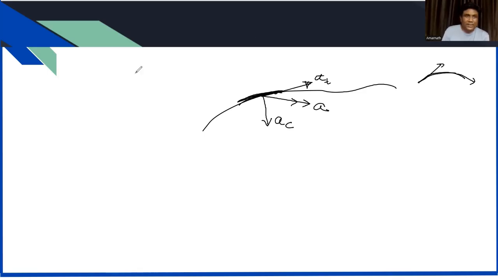So first of all, how can I get net acceleration? I get net acceleration A just by differentiating the velocity vector.